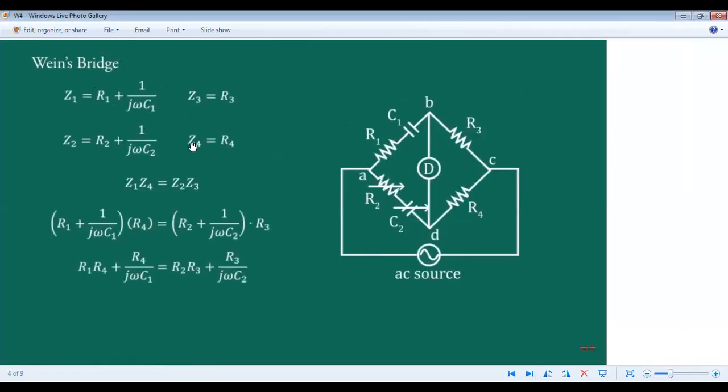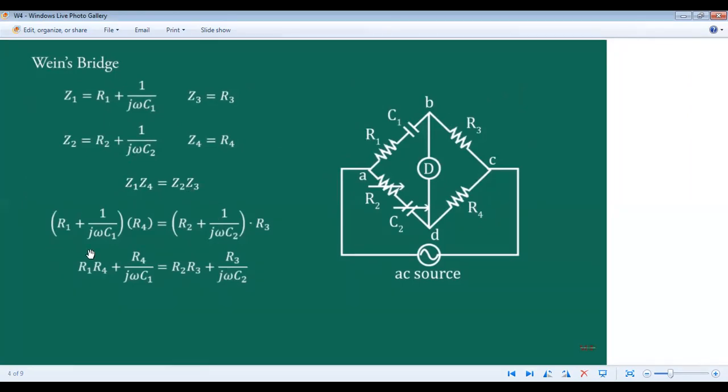After comparing these two bridges, we can conclude these four equations: Z1, Z2, Z3, and Z4. After that, we can say that Z1 times Z4 equals Z2 times Z3. We put the values of Z1, Z4, Z2, and Z3 here.